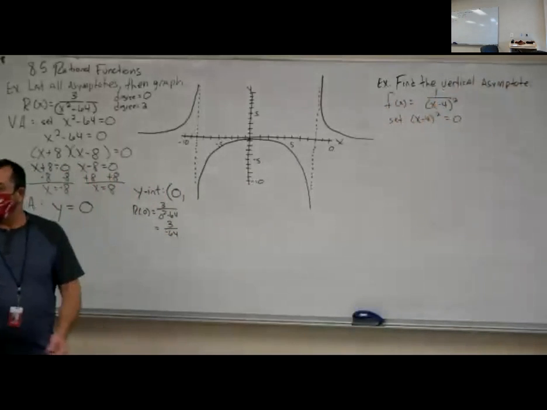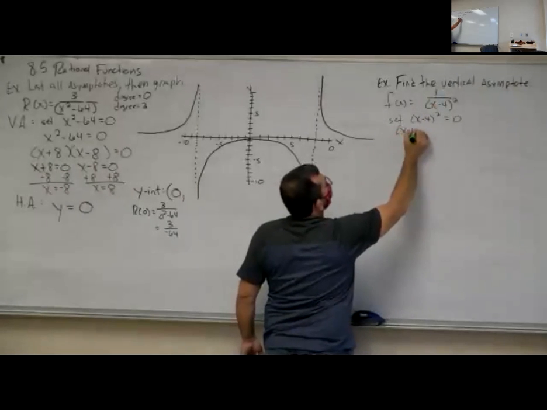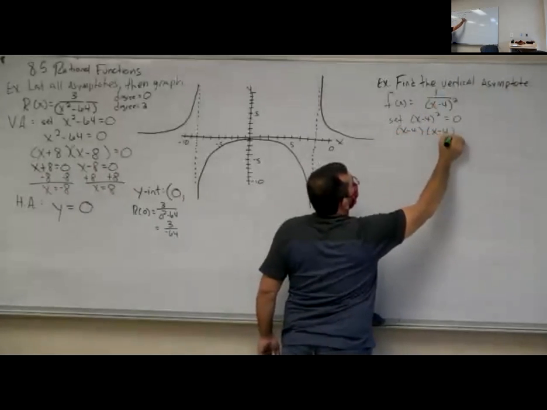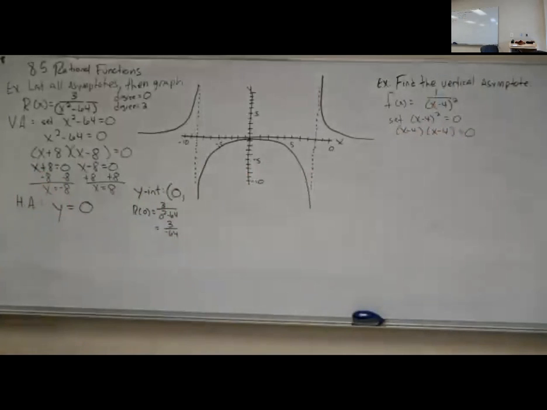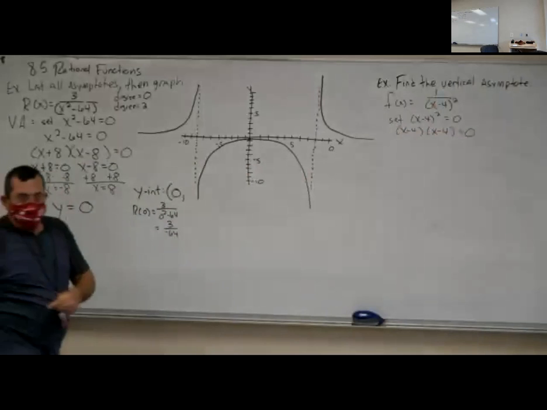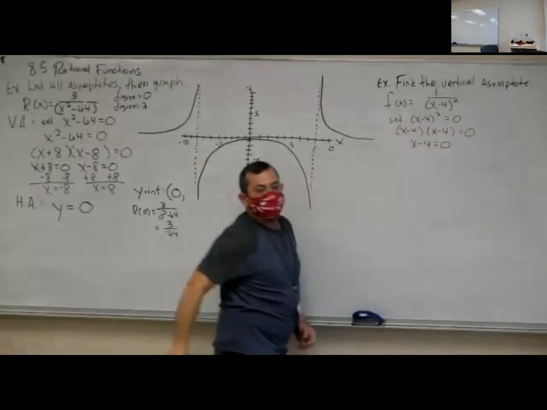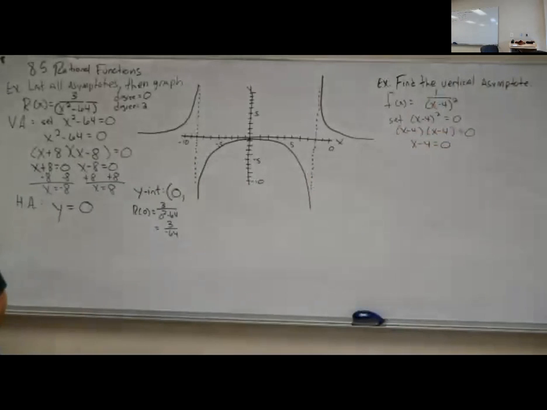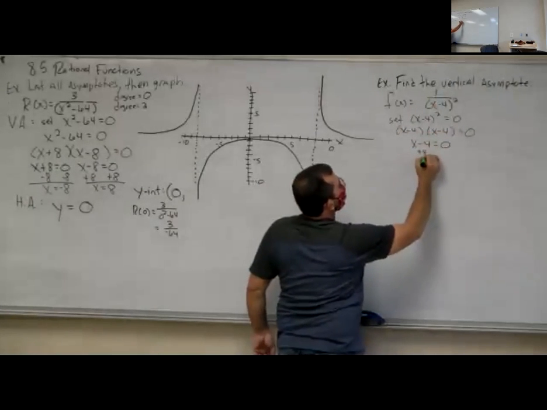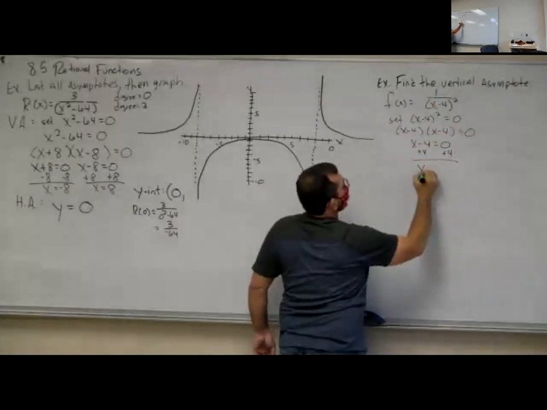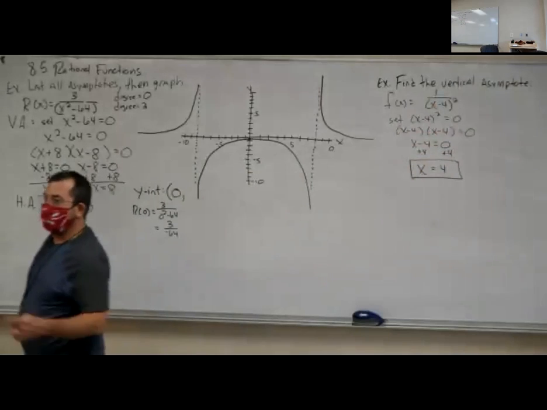We know that (x minus 4) squared is just the x minus 4 times the x minus 4, all equal to my 0. Which means I've only got to solve one of those. So I'm just going to solve one of the x minus 4s equal to 0. Which means that's going to give me what? A positive 4. So x equals positive 4 will be my vertical asymptote.